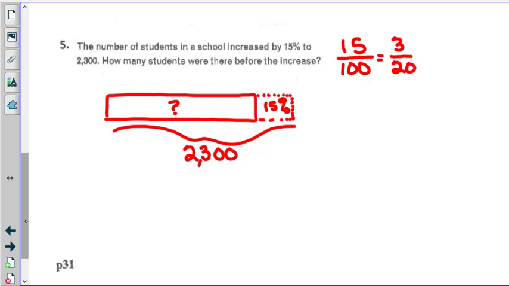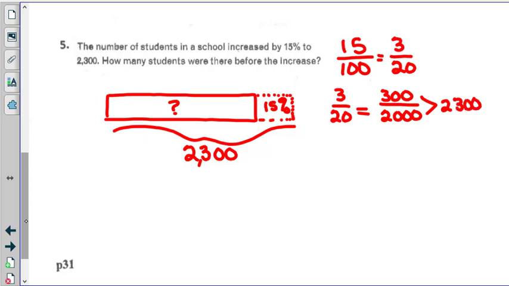What would 1 unit be? Ooh, 3/20ths. I have an idea here. That's equal, if I multiply these both by 100, I get 300 and I get 2,000. Is that all together 2,300?